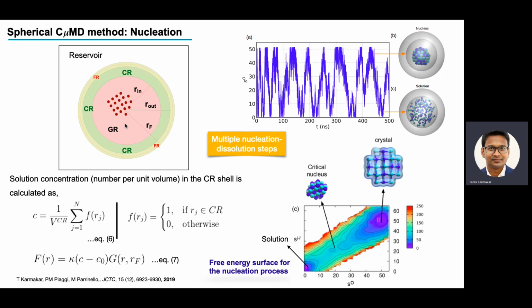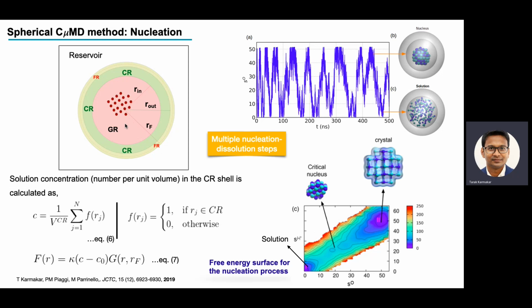We applied this method to study nucleation of sodium chloride from salt solution. On the right top, we see the evolution of the CV, and essentially this is one well-tempered metadynamics simulation run. On the y-axis, on the right top, we plot the collective variable as a function of well-tempered metadynamics simulation time, and it shows multiple nucleation and dissolution events.